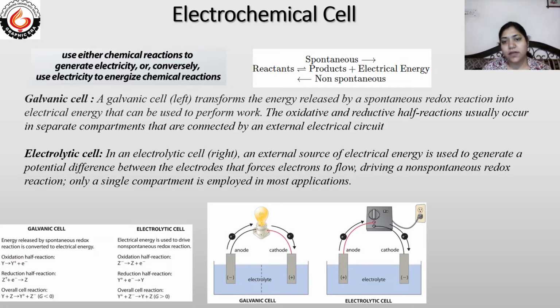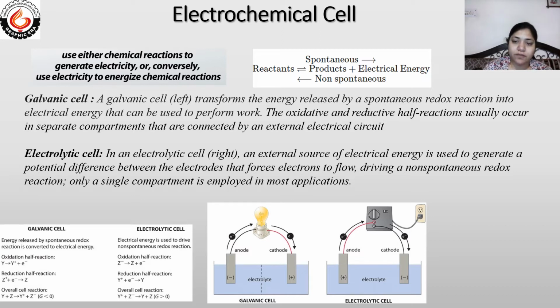Means the external electrical energy generates a potential difference, and that potential difference forces the electrons to flow into the circuit, driving a non-spontaneous redox reaction. Only a single compartment is used in an electrolytic cell.